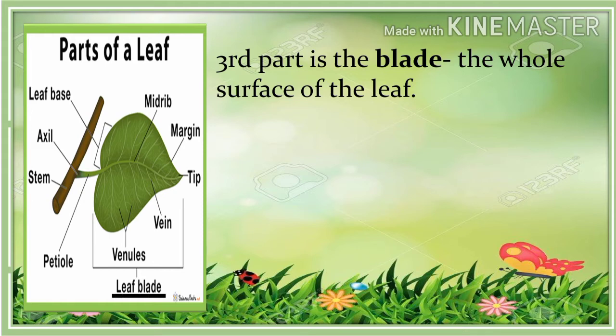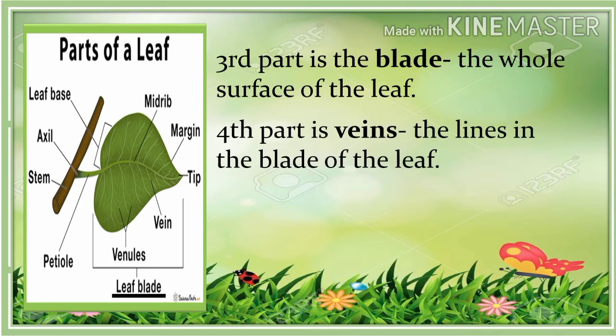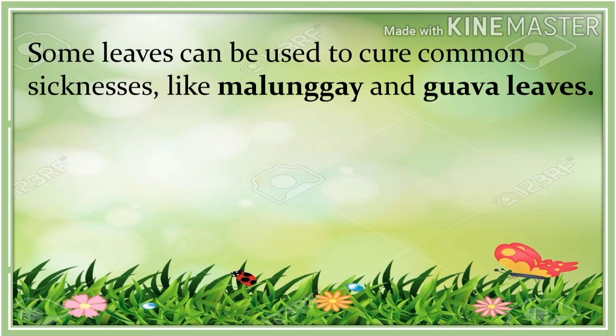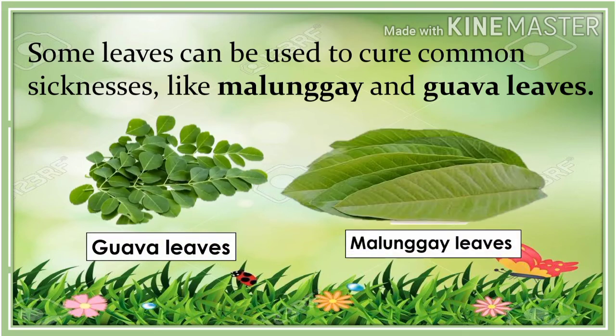And then the fourth part is the veins, the lines in the blade of the leaf. And lastly, the midrib, the largest vein found in the middle of the leaf. Some leaves can be used to cure common sicknesses like malunggay and guava leaves.